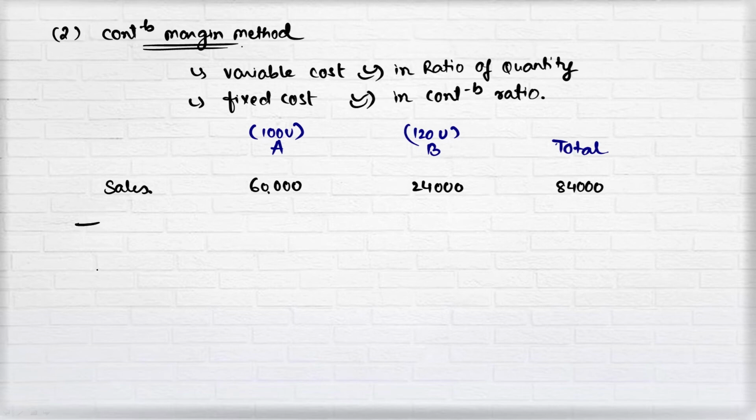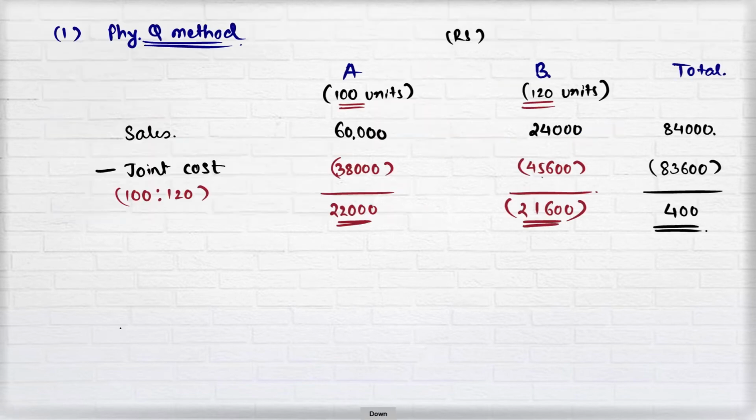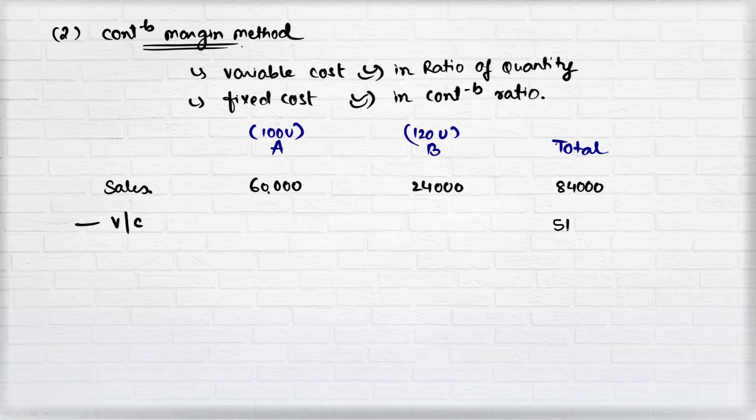Minus, I will not be distributing my total joint cost. I will be distributing just variable cost. What is variable cost is 51,600. 51,600 will be distributed in number of units, which is 100 is to 120.